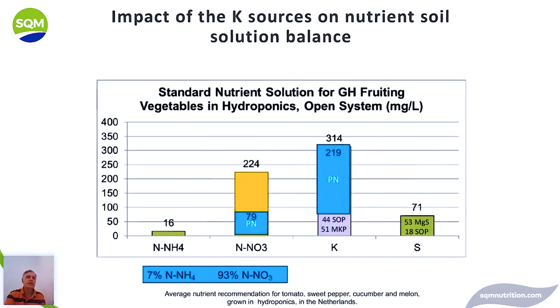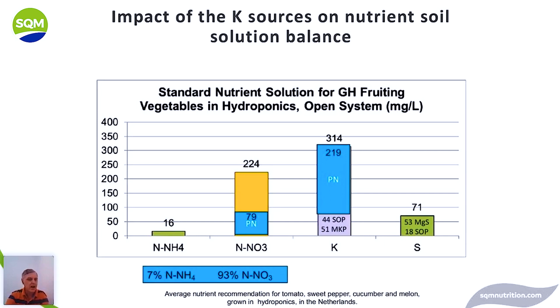Now, this is a practical example of how the sources that we decide to use interfere in our balance in soil solution. This is a real example used in the Netherlands in the greenhouses.